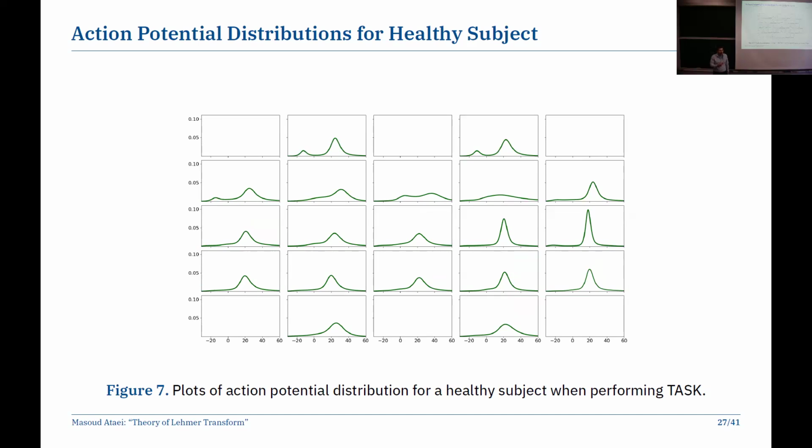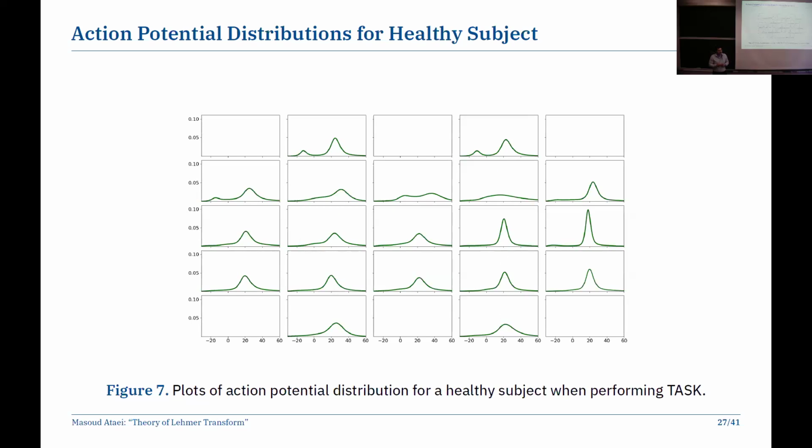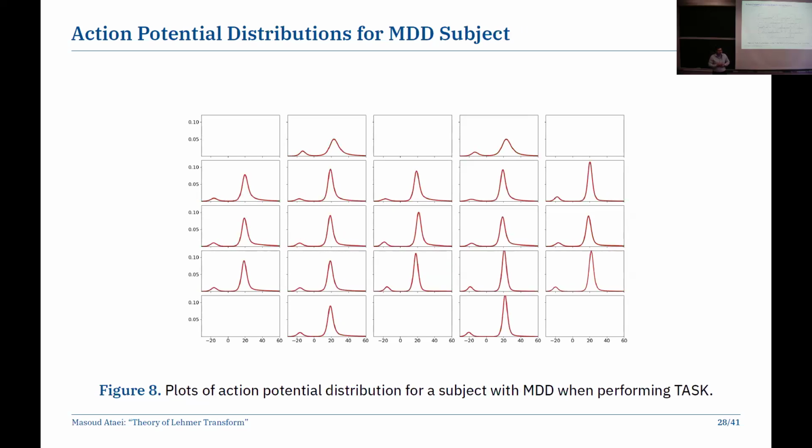MDD patients have bimodal distributions, whereas healthy ones are usually unimodal and have wide variability. This wide variability reflects itself in the differential entropy. Even small changes in the differential entropy tell me how concentrated a distribution is, like the second ones are more concentrated as the distributions we see here.